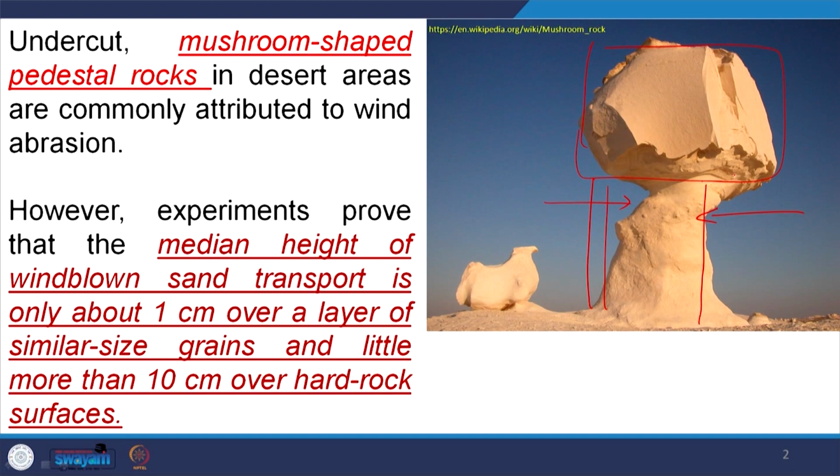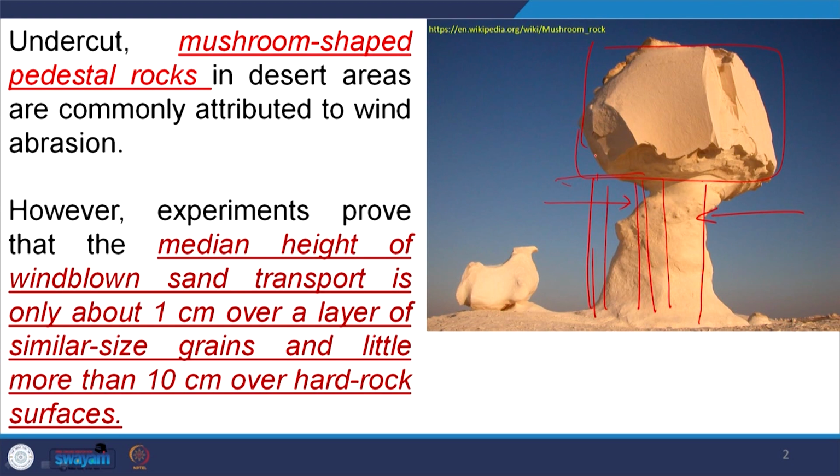This experiment proves that the median height of wind-blown sand transport is only about 1 centimeter over a sand layer and about 10 centimeters over a rock surface. So the question arises how an erosional surface is produced which is highly eroded up to this much height.